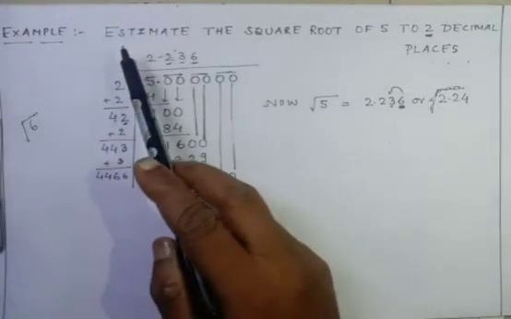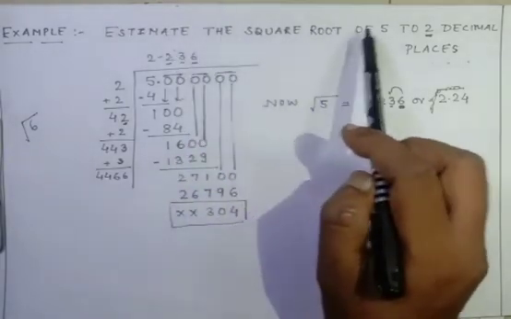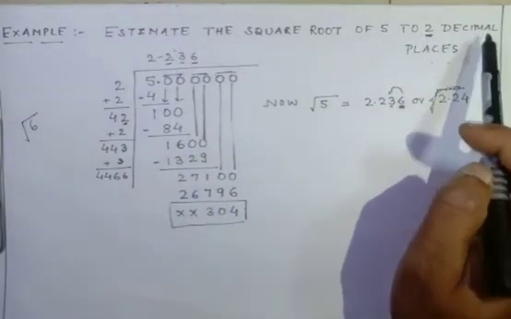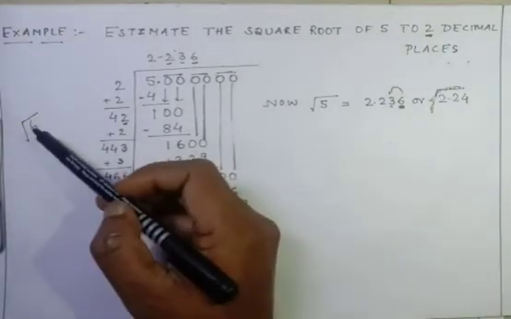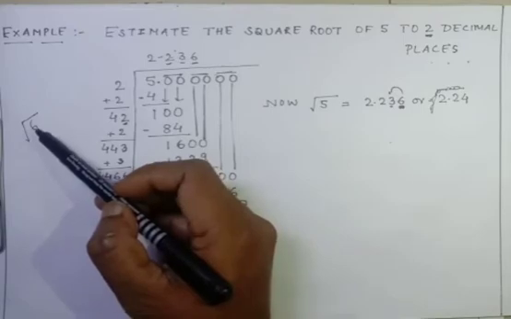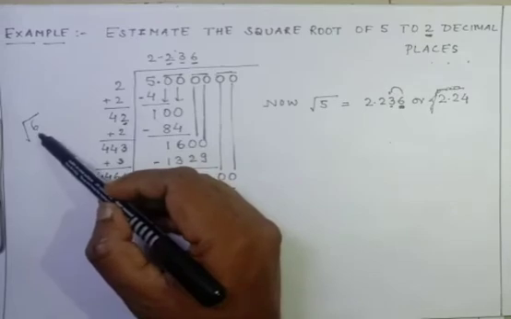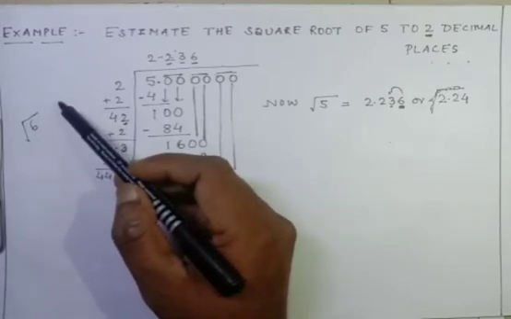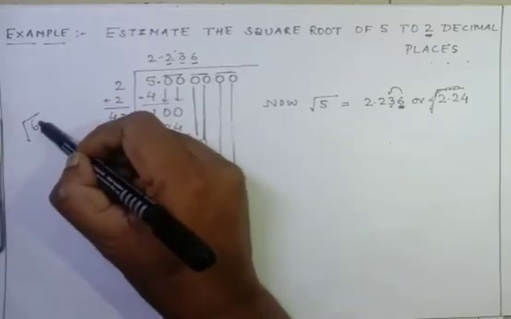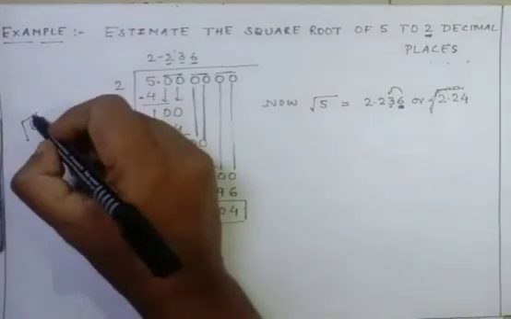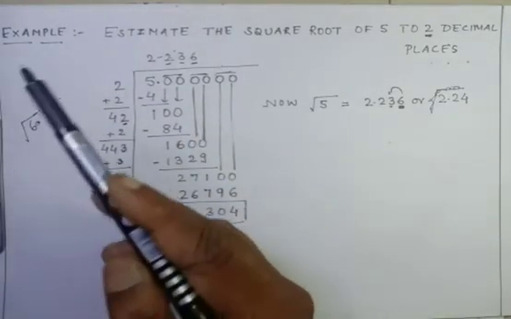Let us see the last example of this chapter. Estimate the square root of 5 to 2 decimal places. Now if I have to find out the square root of 5, so simply I am going to put 5 under the symbol, and if I have to find out the square root of 5 to 2 decimal places, so in this case simply I am going to place a point over here, and after that if I have to find out 2 decimal places, then I am going to find 3 decimal places.